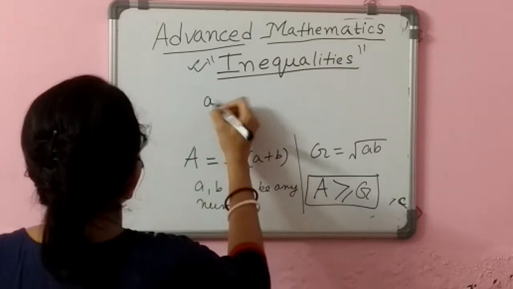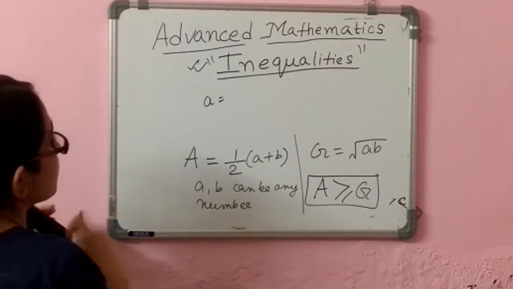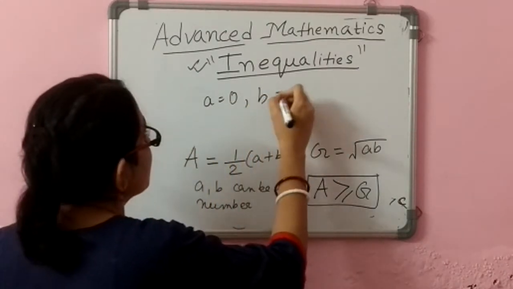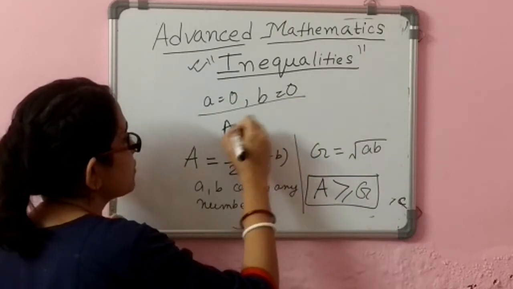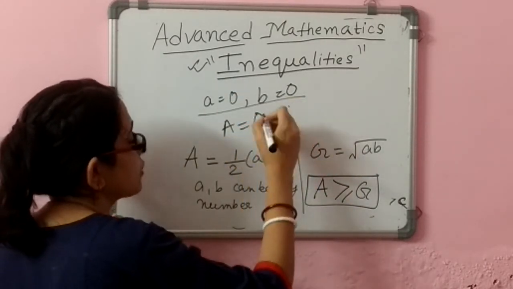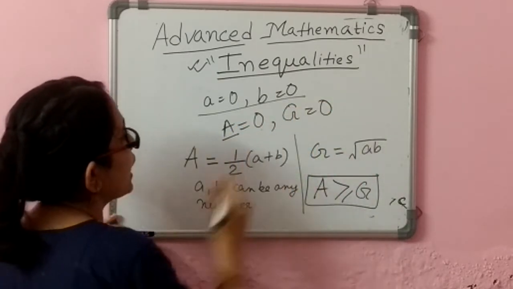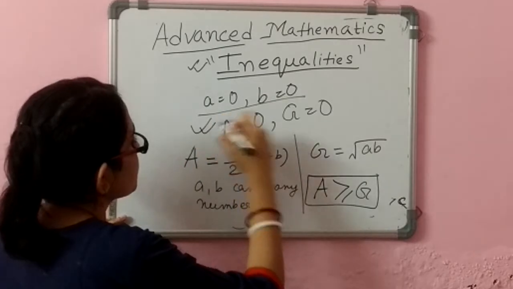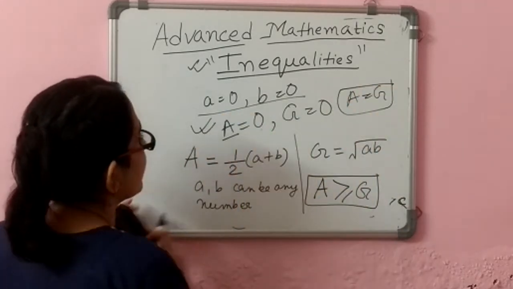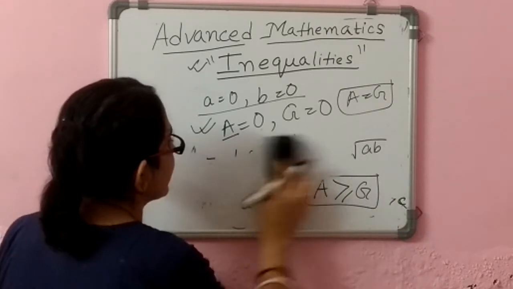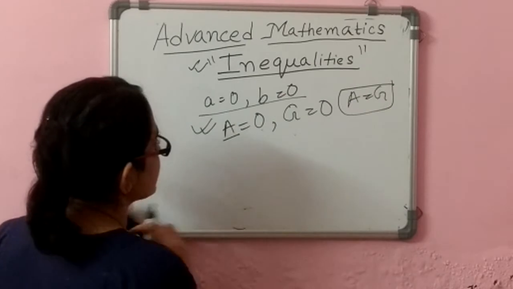If we take A equals 0 and B equals 0, for same numbers arithmetic mean will be 0 and geometric mean will be 0. Now this has been proved that A is equal to G. Now let us take another example where we will get A is greater than G.